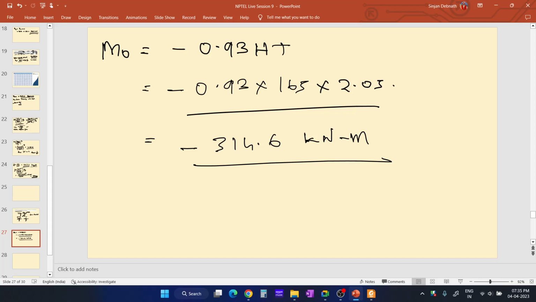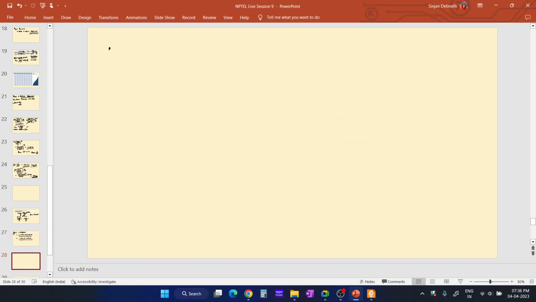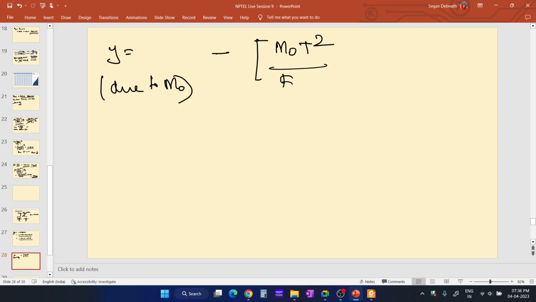Now we need to find out the deflection due to this counteracting moment M0. The deflection due to moment is given by the equation by Matlock and Reese: minus M0 T square divided by EpIp, multiplied by By. We know the value of M0, we know the value of T, we know the flexural rigidity, EpIp. We need to find out this By. By is the coefficient.